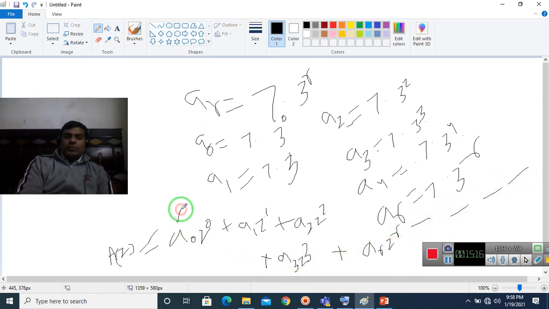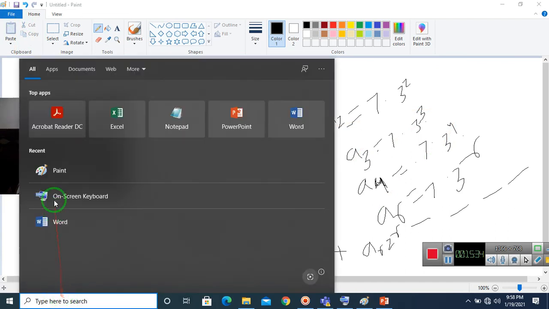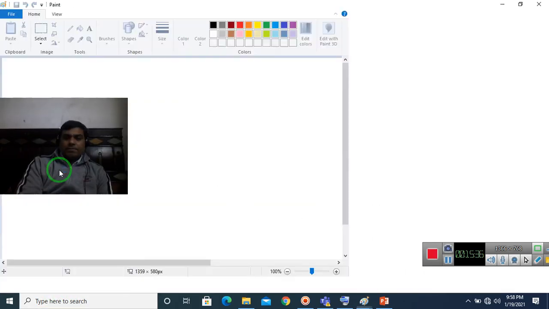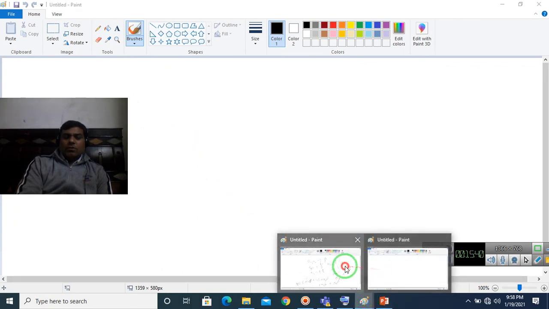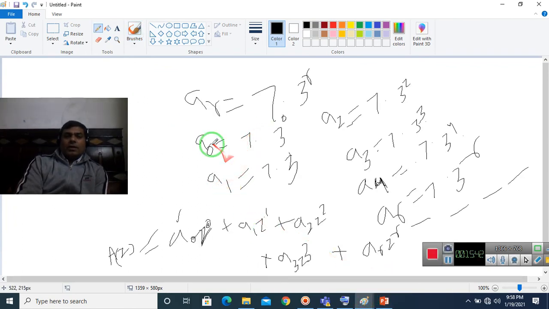Put all the values a0, a1, a2, a3, a4. And then we will get a new series. So I am opening a new paint. Now we should put all the values from here, a0, a1, a2, a3, in this series.